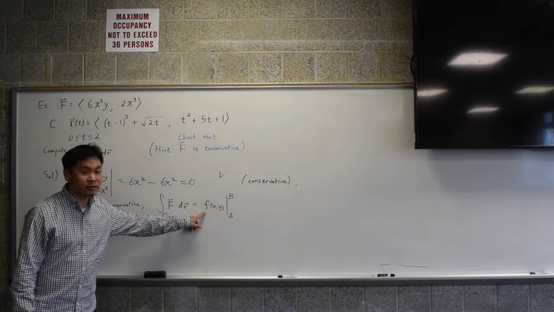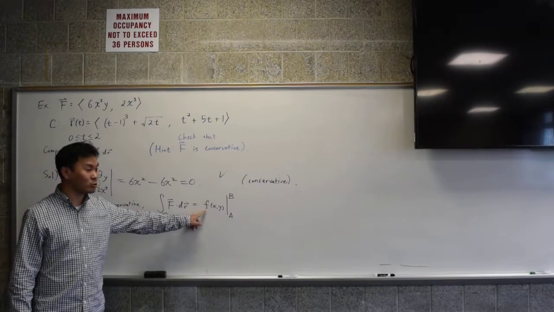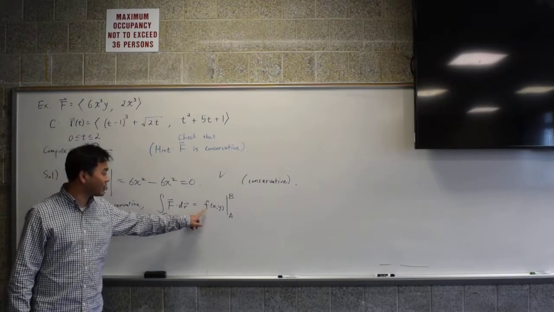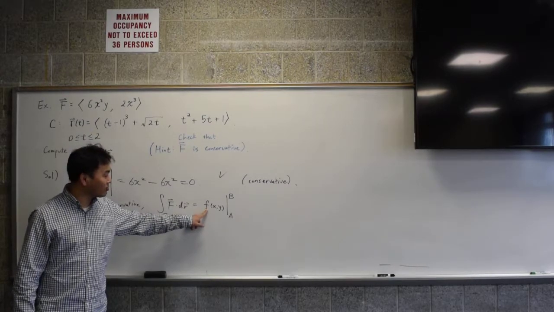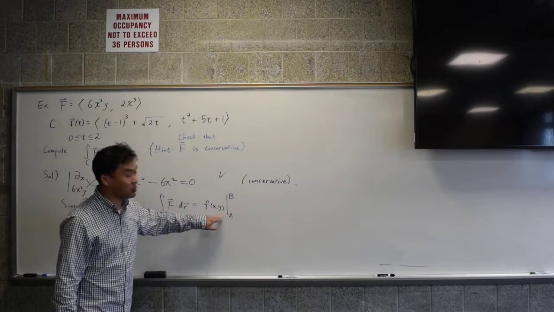What is this small f? It's the function whose gradient is this, right? So if I can find out that function, all you have to do is take that function and evaluate it at the endpoints. I'm done.